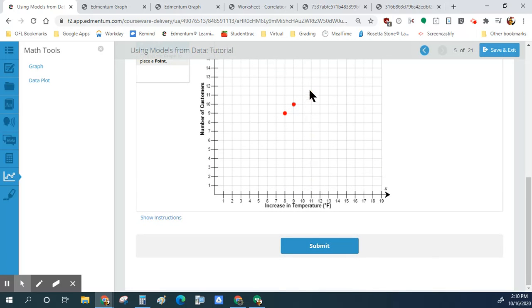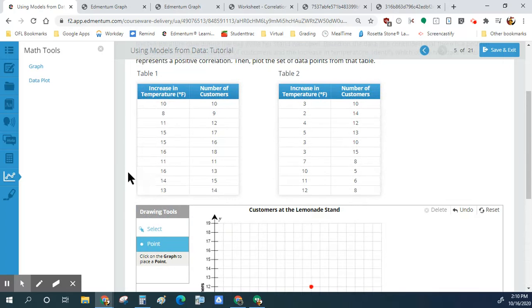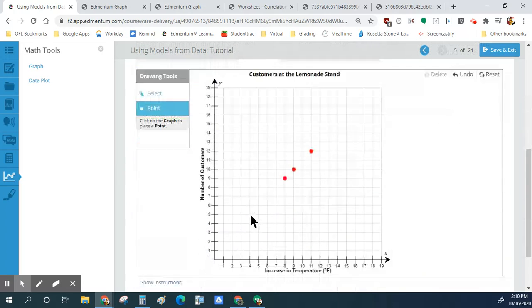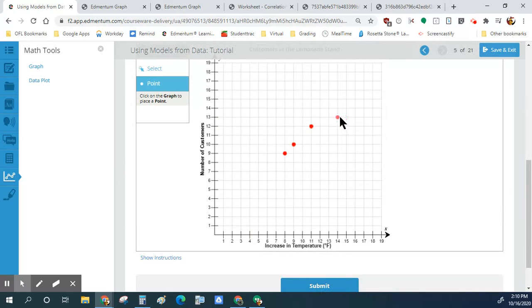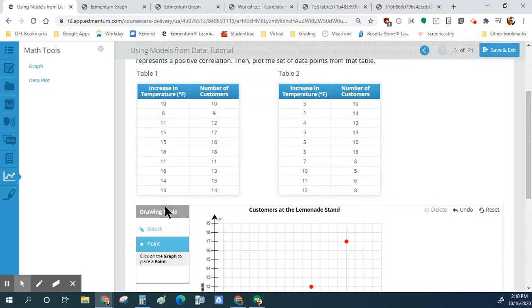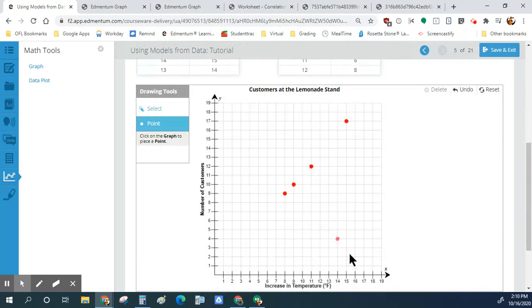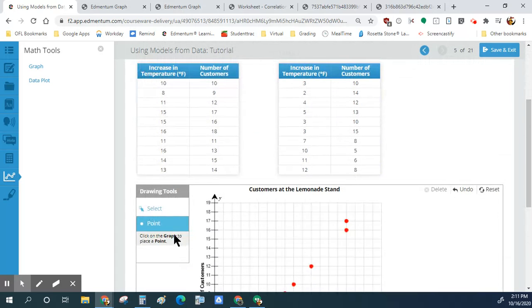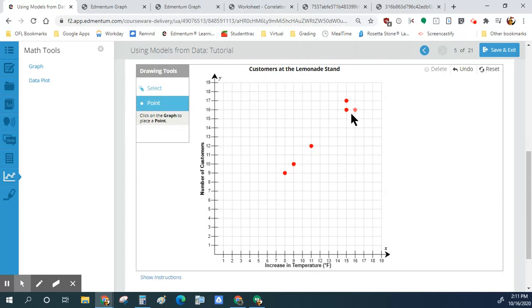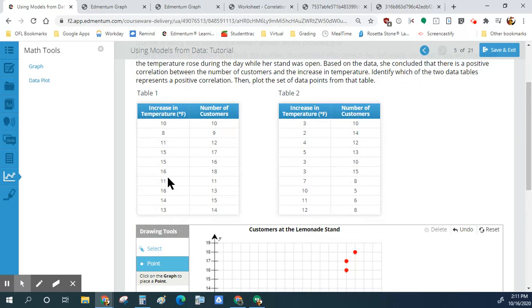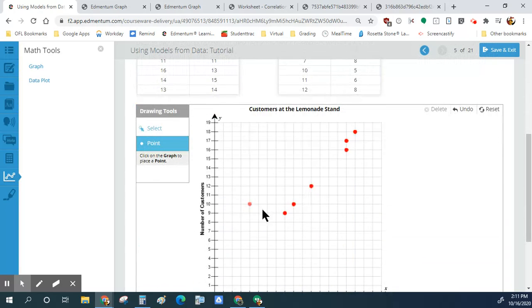11 and 12, 15 and 17, 15 and 16, 16 and 18, 11 and 11.